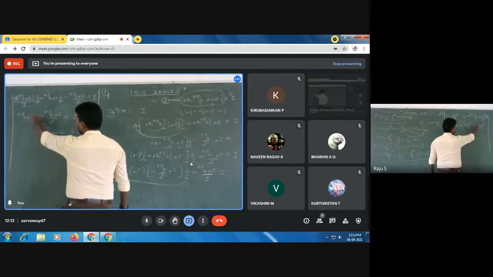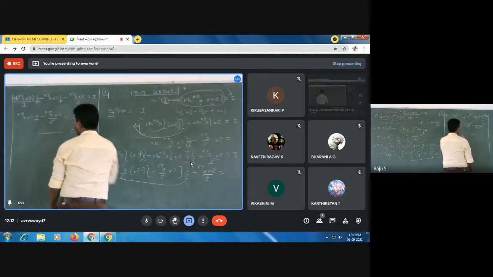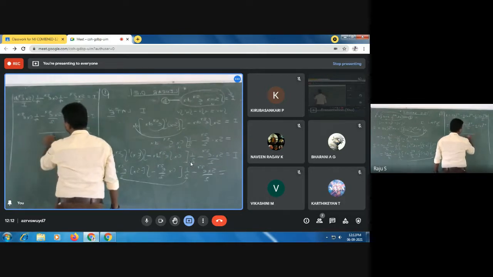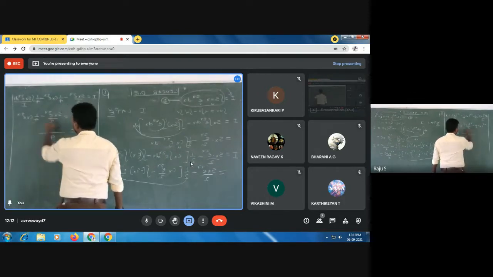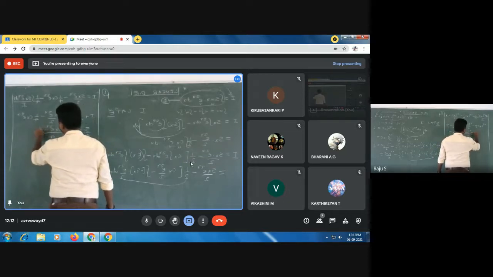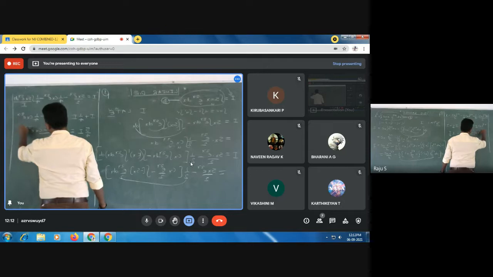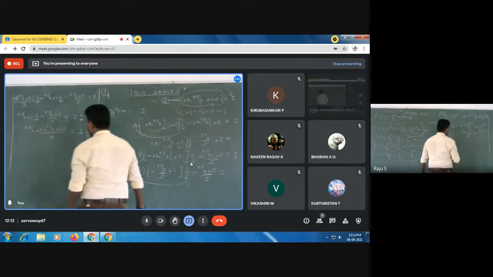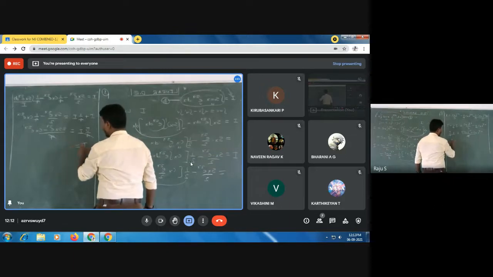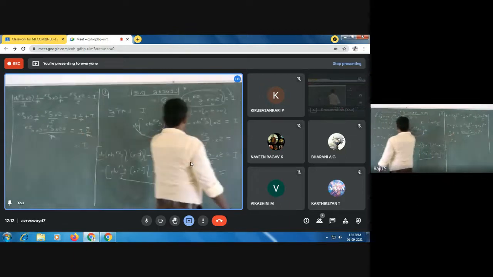What is the common? Common is 4. Take LCM 4: 2 sin x e to the power of 2x minus cos x e to the power of 2x. 4 gets cancelled. Now only the I value is required, because this value alone is required.